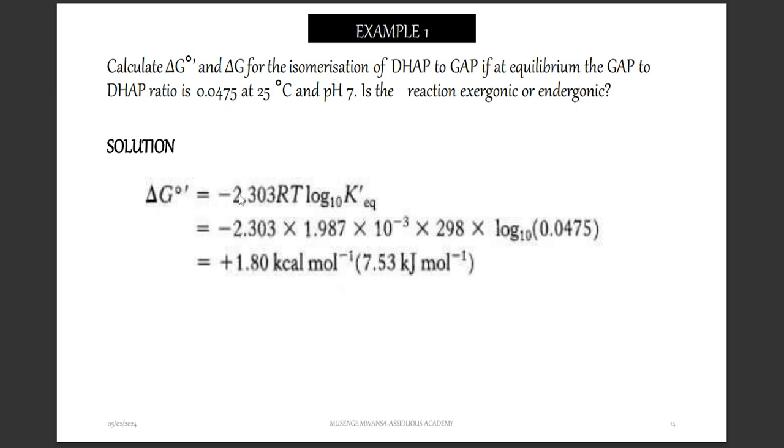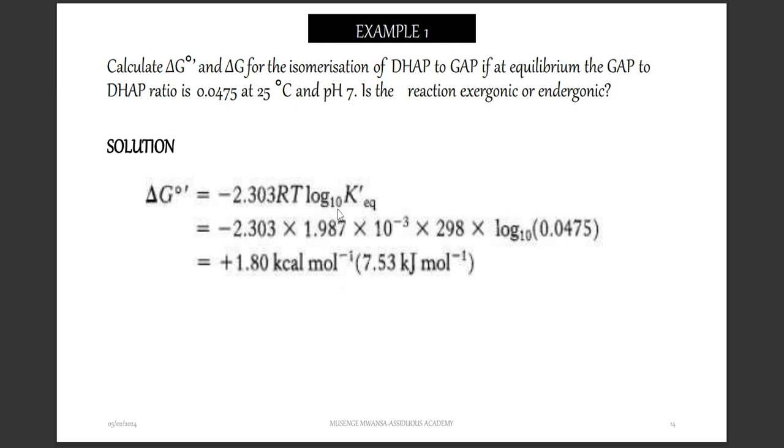So delta G will be negative 2.303 RT log of K. So you just substitute. R is the universal gas constant, and that will obviously be given. Okay, that is 1.987 times 10 to the -3. Temperature is 25 degrees, but you always use Kelvin, so add 273 to it.